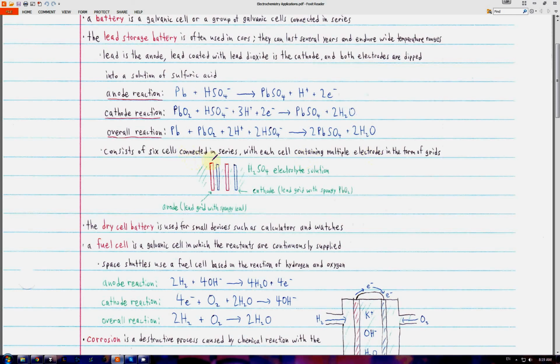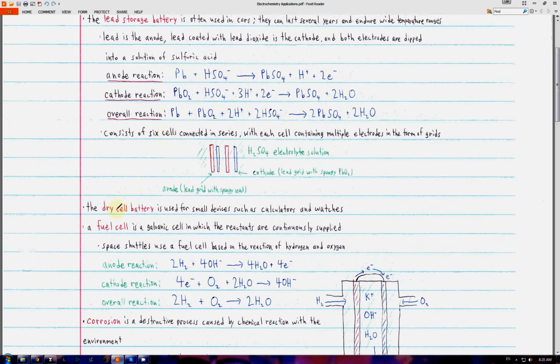So here is one section of one cell. Now each of these squares is an electrode, and they're really just grids. And so these grids are surrounded in an electrolyte solution of sulfuric acid.